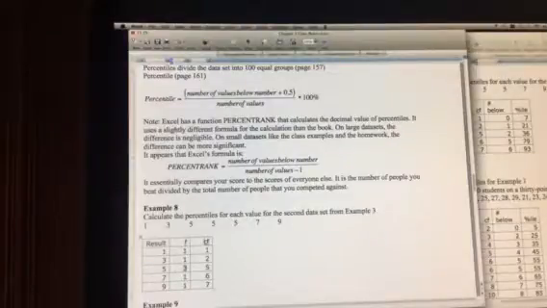Now what I've also added here is a cumulative frequency column. Keep in mind this is going to work exactly the same as we did in chapter 2. First class, the cumulative frequency is just the frequency. Second class, it's the sum of the first two classes' frequencies.